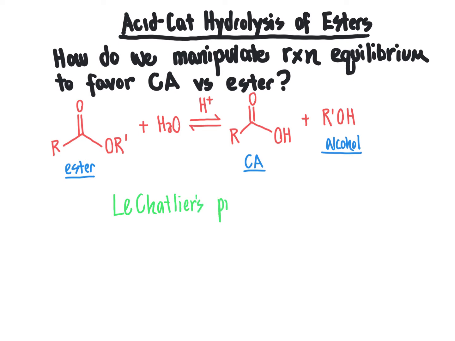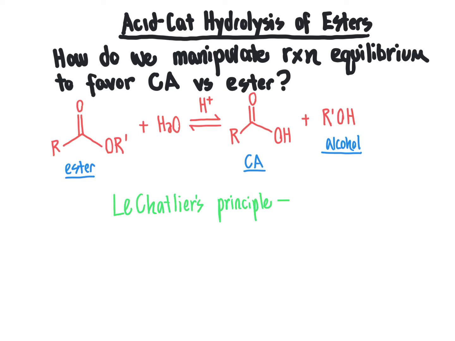Le Chatelier's principle refers to a series of ways to perturb a system out of equilibrium in order to promote the formation and favoring of one side of this equation or the other. Le Chatelier's principle indicates a few different strategies for manipulating the equilibrium of a reaction, and I'll mention a couple of those here.